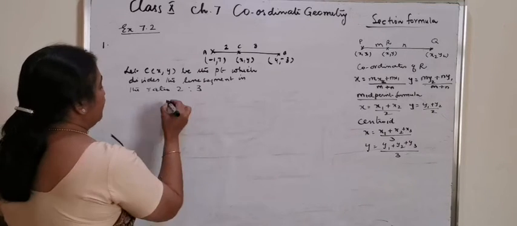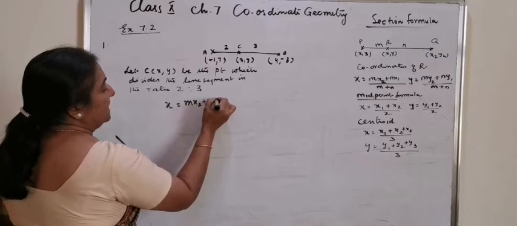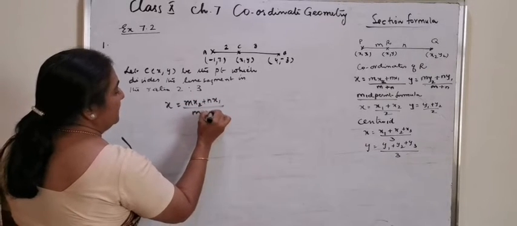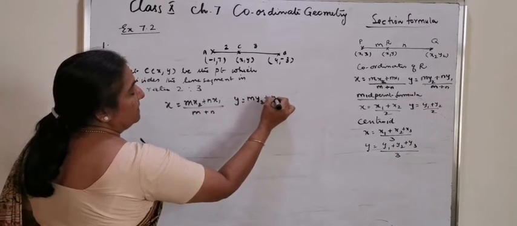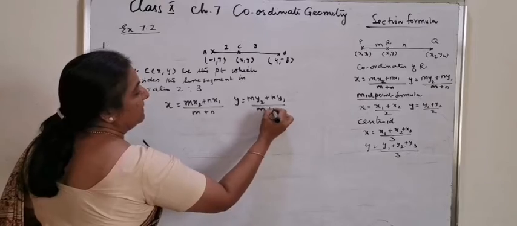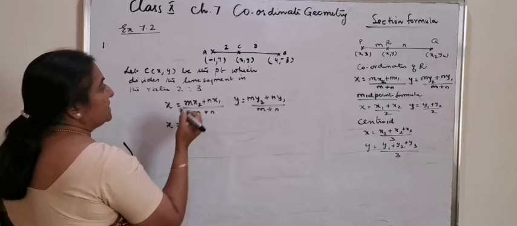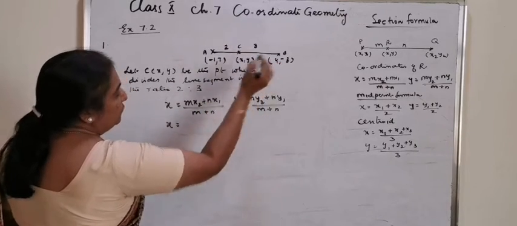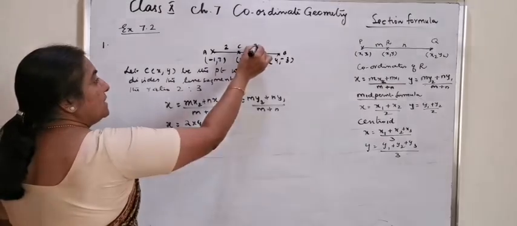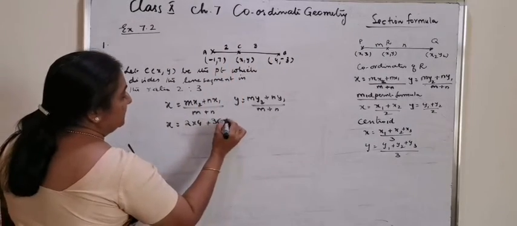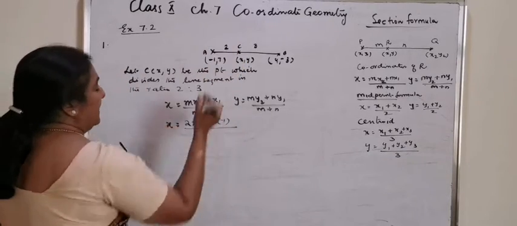How do you find it? What is the formula? x = (mx2 + nx1)/(m + n) and y = (my2 + ny1)/(m + n). You can see here the x coordinate is equal to (2 into 4 plus 3 into -1) divided by (2 plus 3).